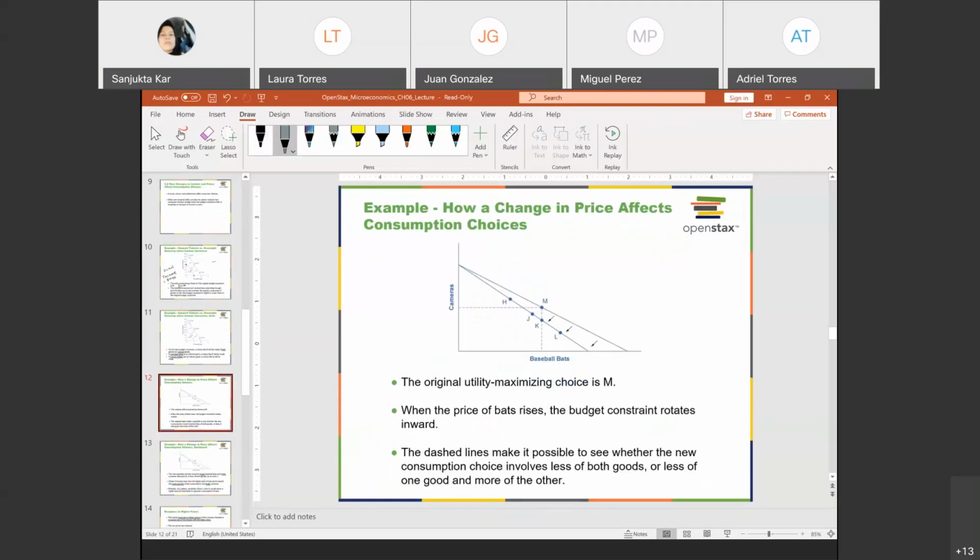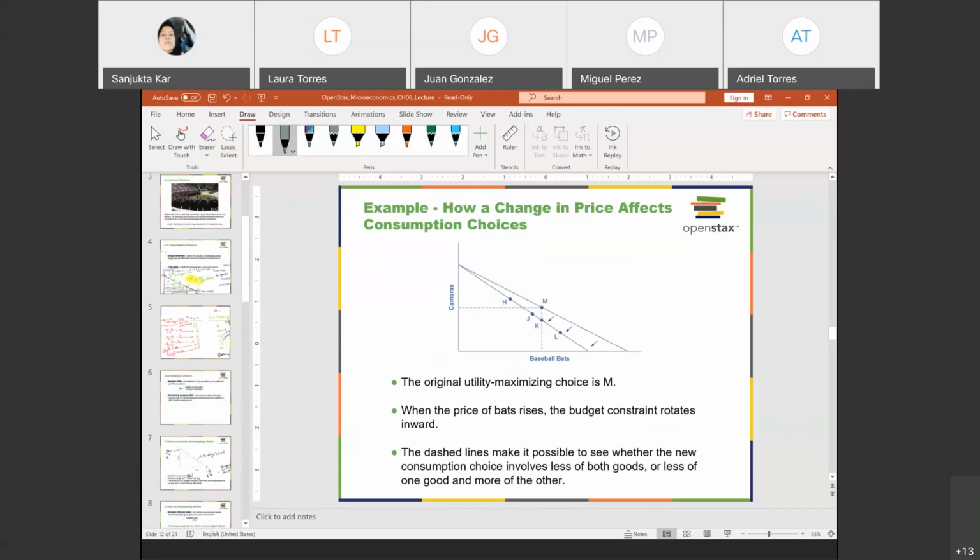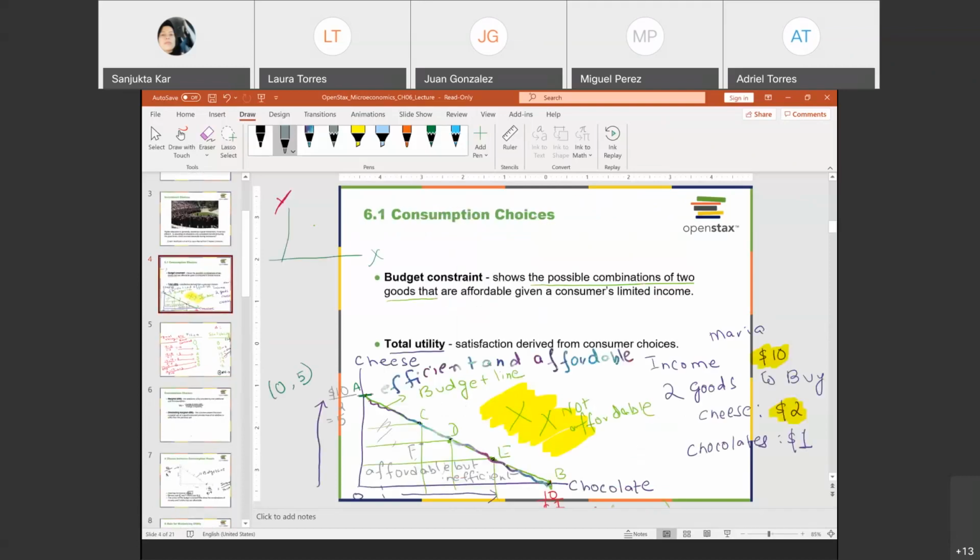Now, the next part here, we are showing you how the budget constraint will rotate. So I want to go back to our initial example here. This was my initial setup, where I was buying two goods, cheese and chocolate, and the price of cheese was $10, price of chocolate was $1.